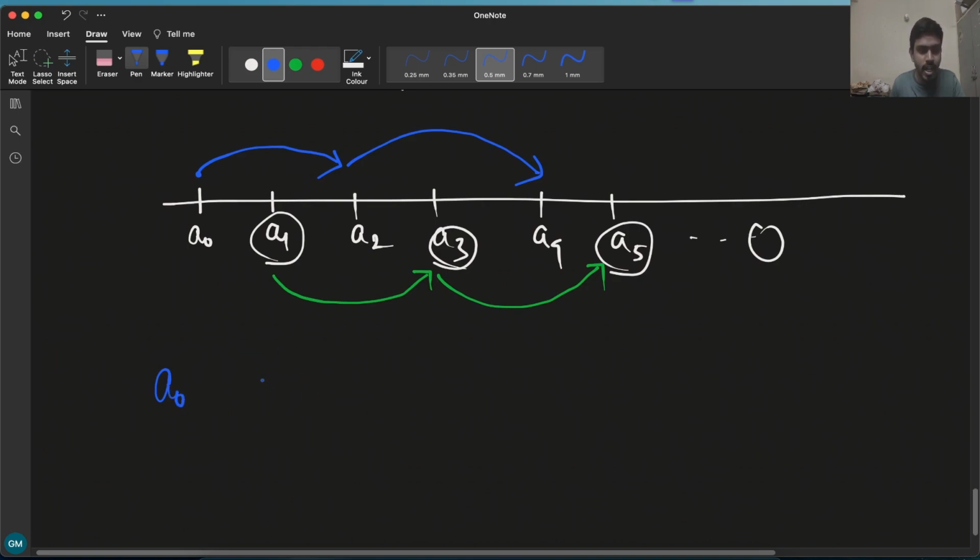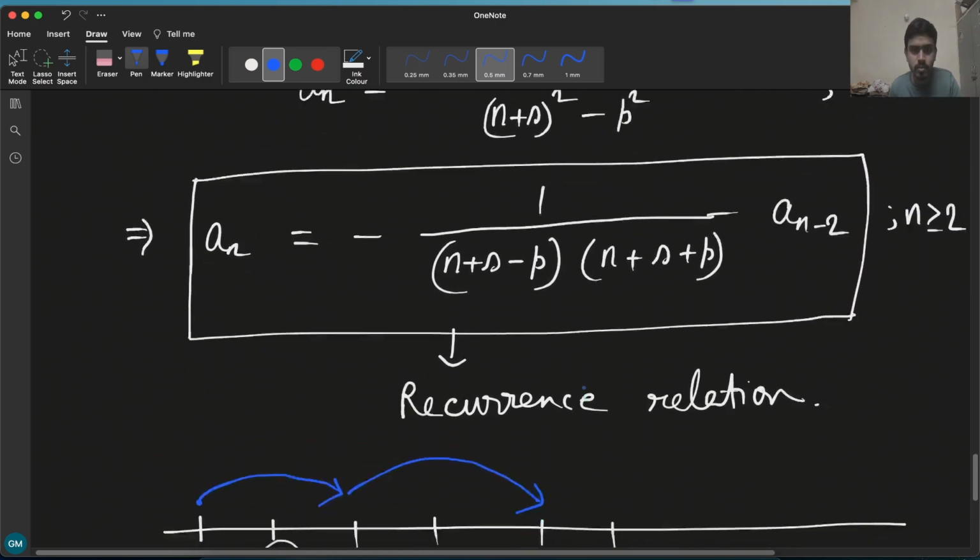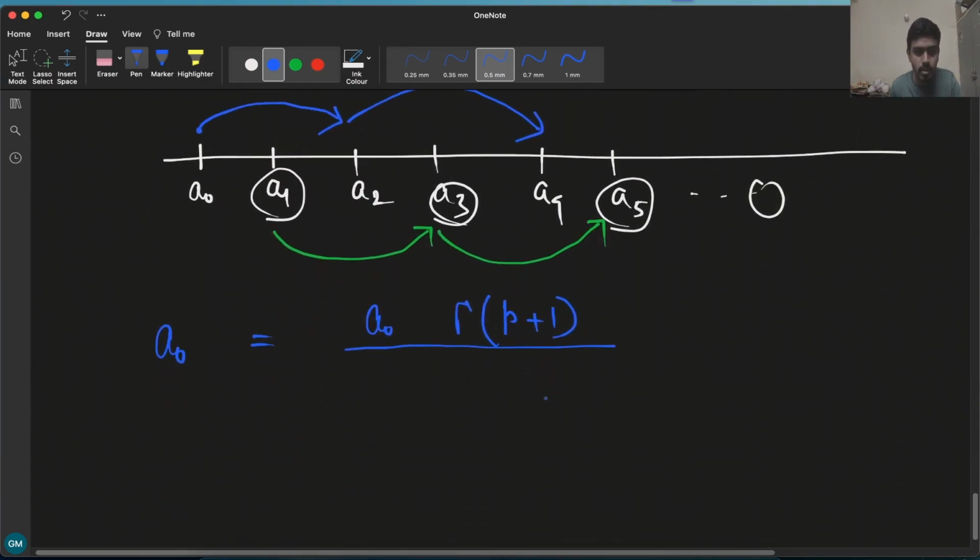Now this a0 I can write as a0 divided by 2 to the power 0 times gamma of 1, times gamma of p plus 1.